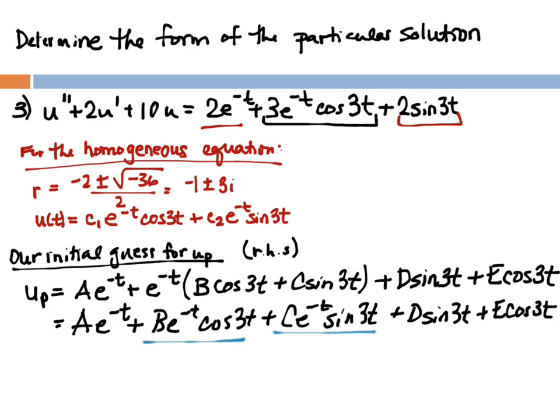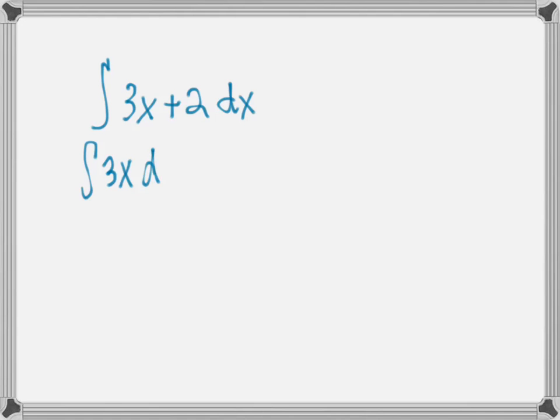This is something akin to when you do antiderivatives the very first time you learn them. If you were to do an antiderivative of 3x plus 2, it would be the same as the antiderivative of 3x plus the antiderivative of 2. I'm sorry, that's not 3x at all.